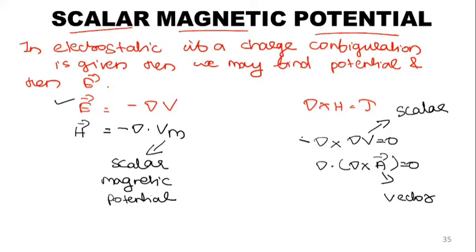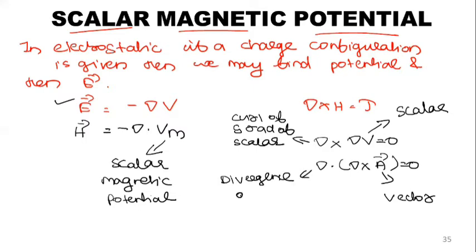So this was curl of gradient of a scalar. I'm just rewinding. Curl of gradient of a scalar, and this was divergence of curl of a vector. So we have this equation, right? Del cross del V is equal to 0.